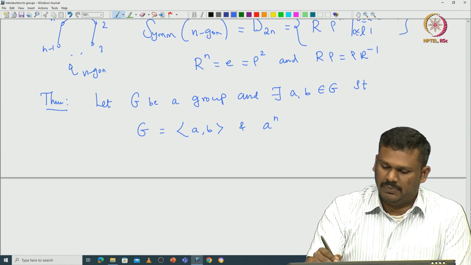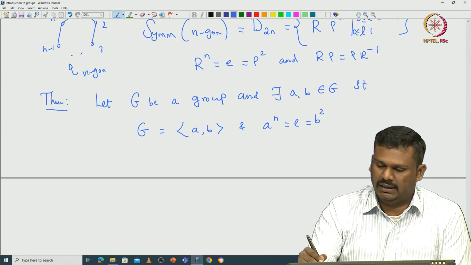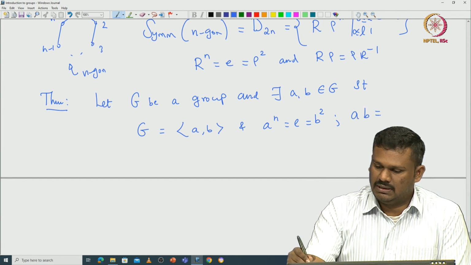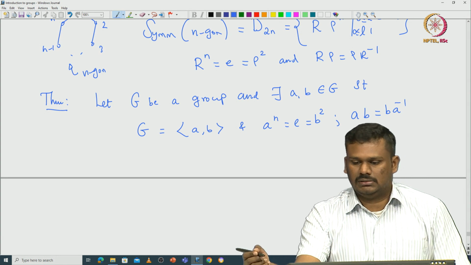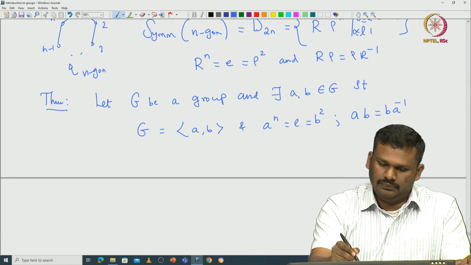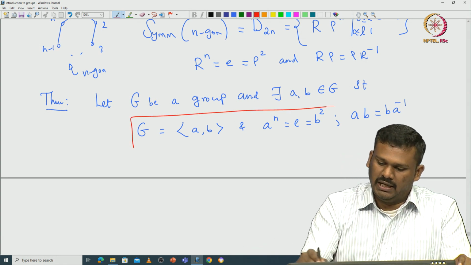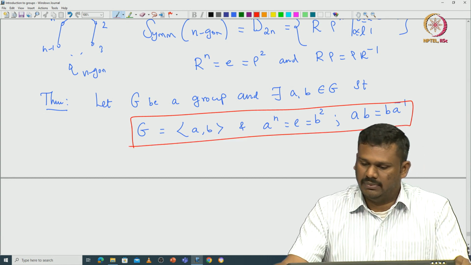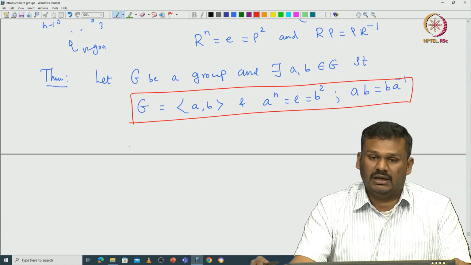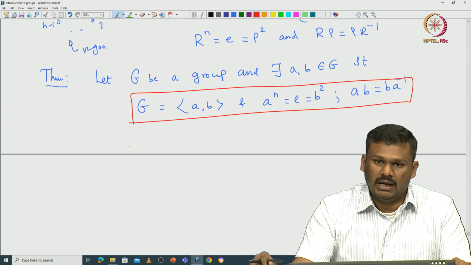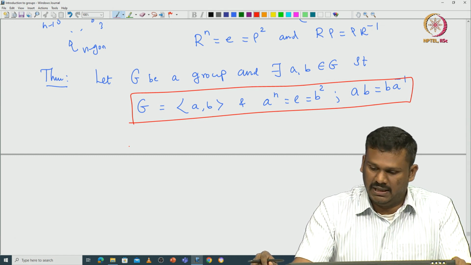That means a^n is identity, b² is identity, and ab equals b a inverse. So G is generated by a, b modulo these relations.